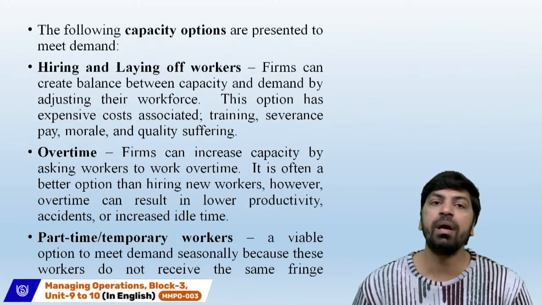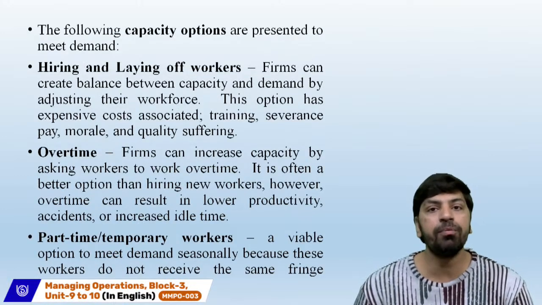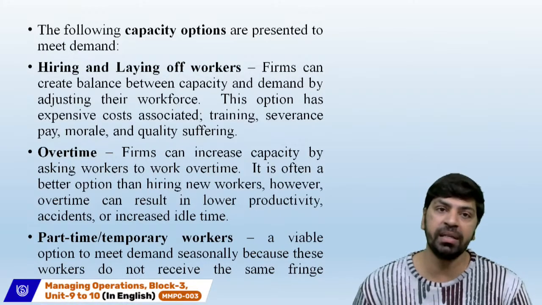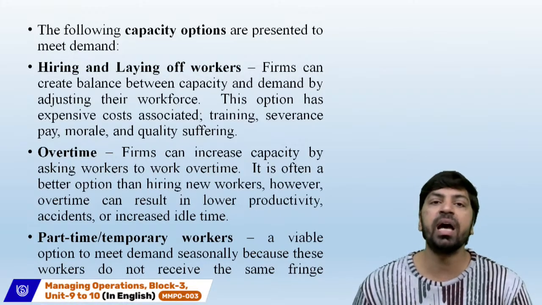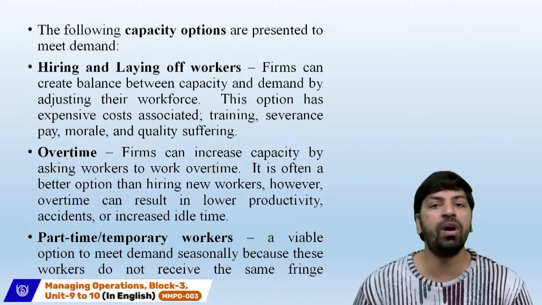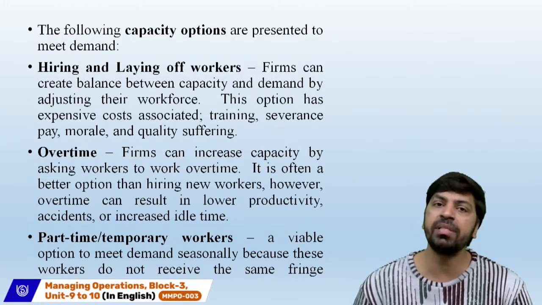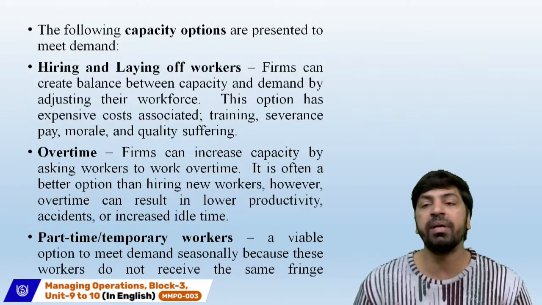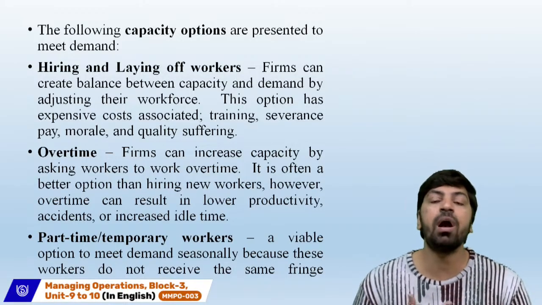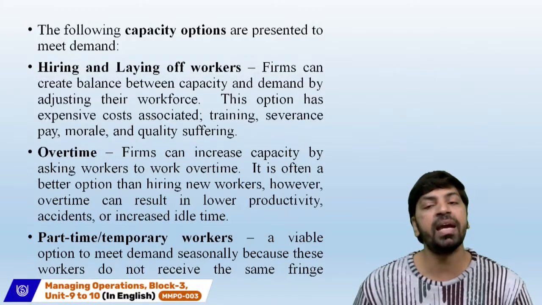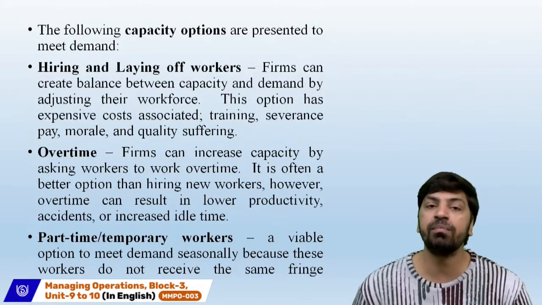Now we can come up to the following capacity options which are presented to meet demand. The first one is hiring and laying off workers. Firms can create a balance between the capacity and the demand, because ultimately here we are talking about the input and output from the aggregate production planning.